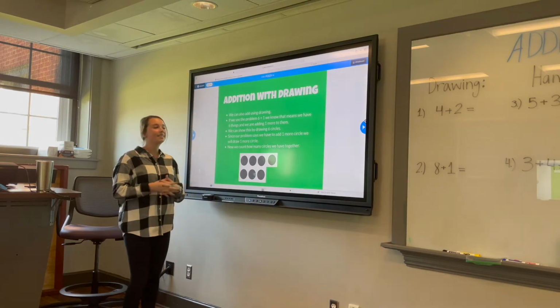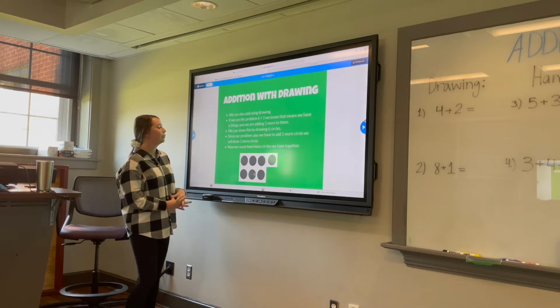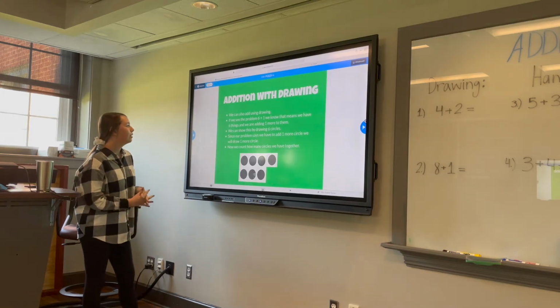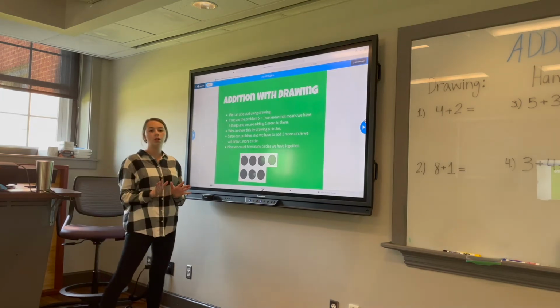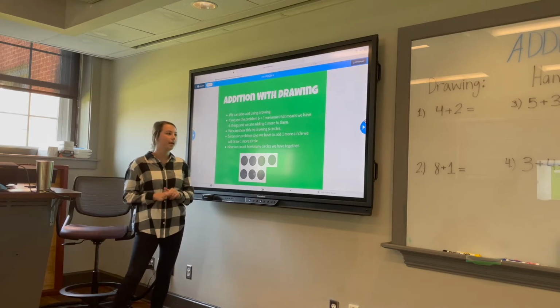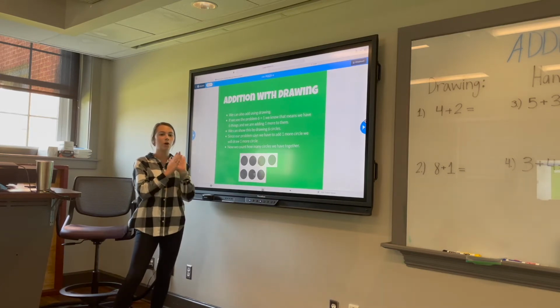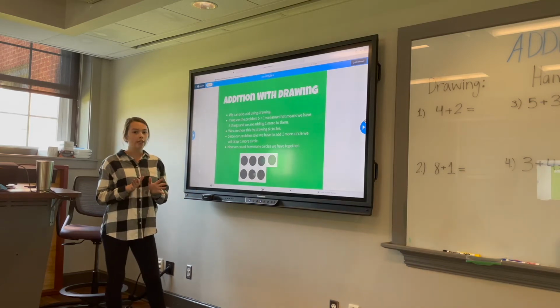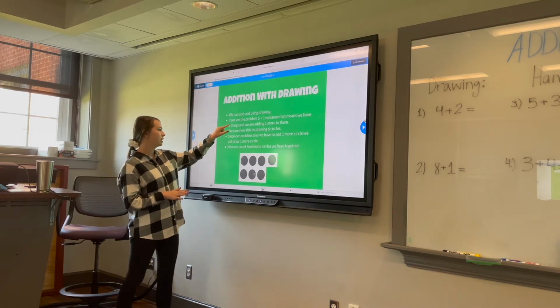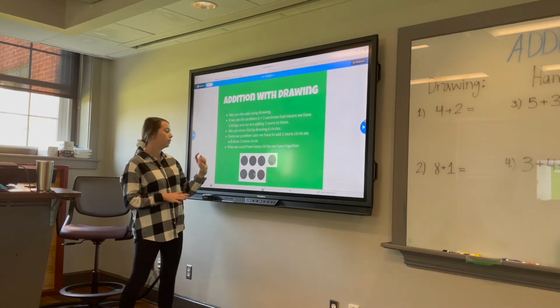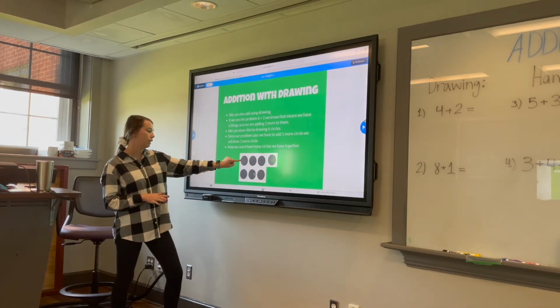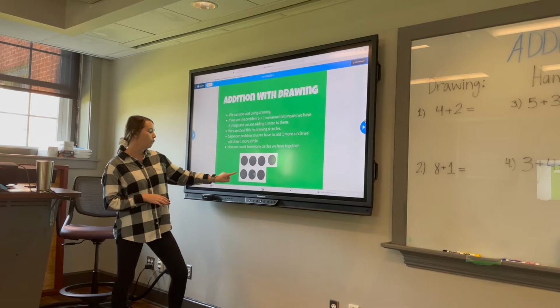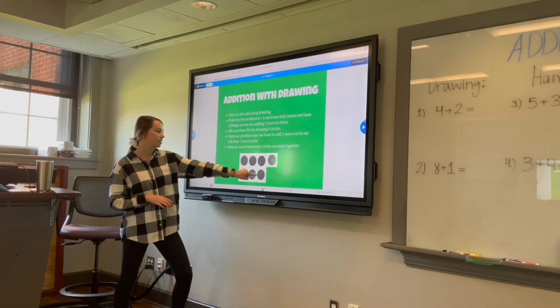Okay, so now we can see that we can also do addition with drawing. If we see the problem 6 plus 1, we know that this means we have 6 things and we're adding 1 more to them. So we can do this by drawing. First we're going to draw 6 because that's the first number in our problem. We drew our first 6 circles: 1, 2, 3, 4, 5, 6.